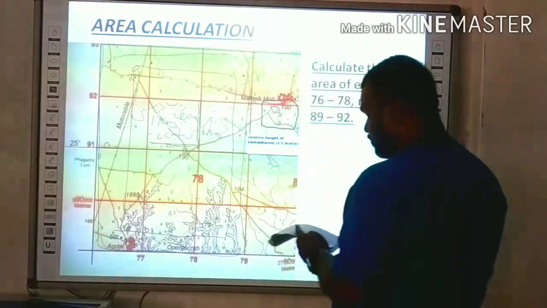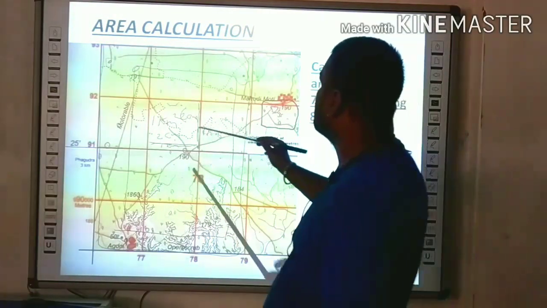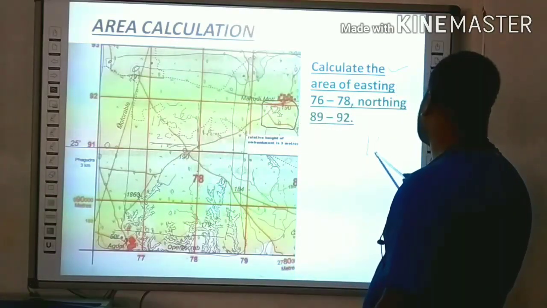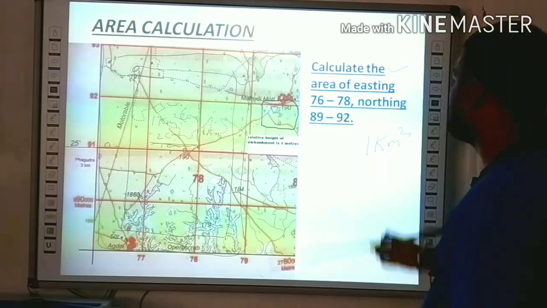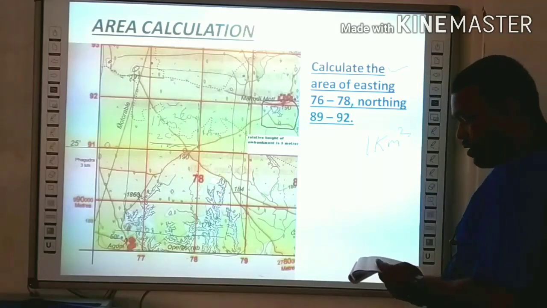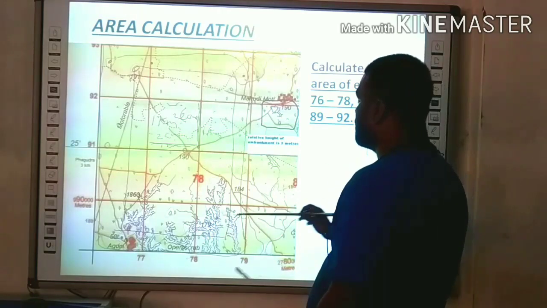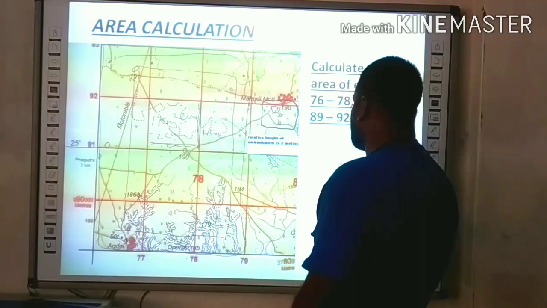Now how will you find out? In the eastings, how many grids are there? If one grid square is 1 kilometer square, then how many grids are there in the easting? There are 3 grids.